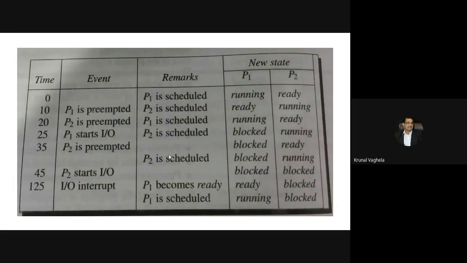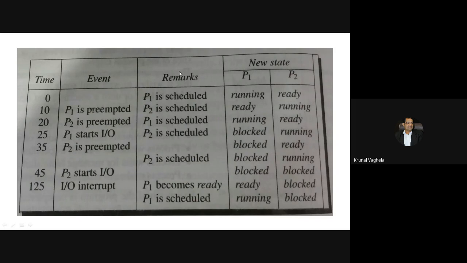So these are the transitions. Now this is a very interesting example. The same thing is explained. So I want you to observe this for 1 minute and try to understand by yourself, and then I will explain it to you. So there are 5 columns. Time, which will start with 0 and then increase.